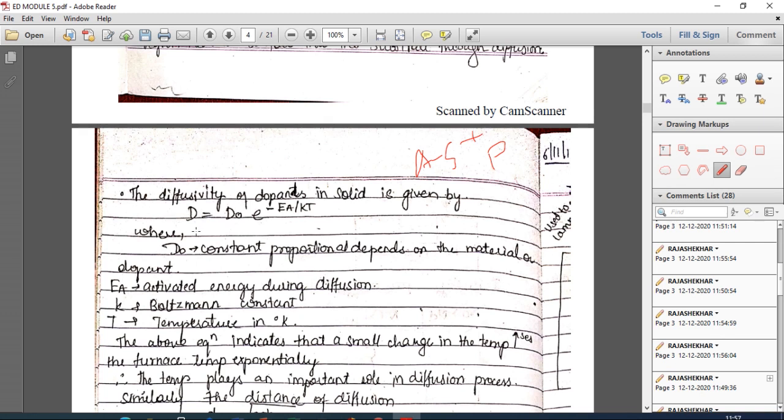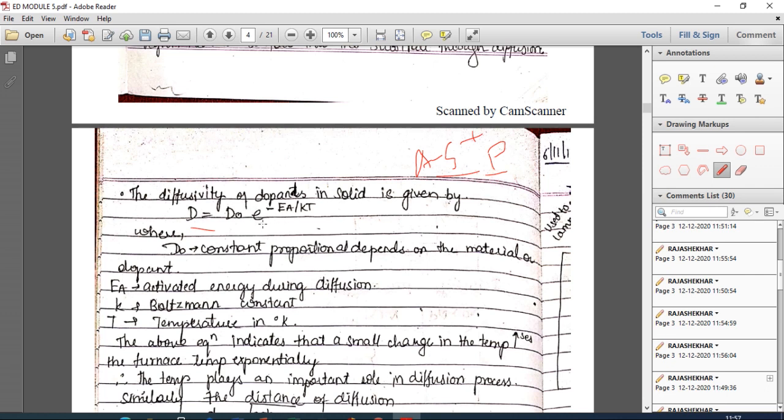The diffusivity of the dopants in solid is given by D equals D naught into e raised to minus Ea by kT, where D naught is a constant that depends on the material and dopant, either arsenic or phosphorus.